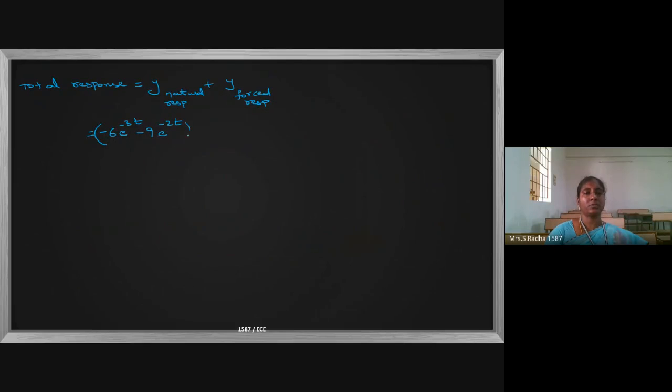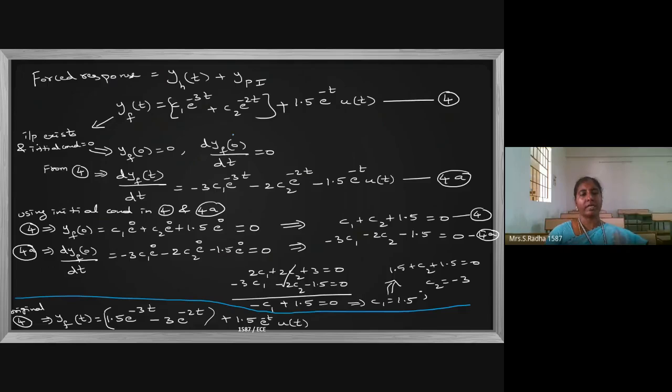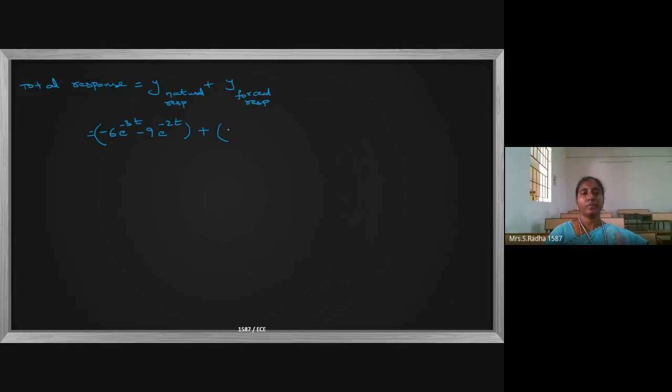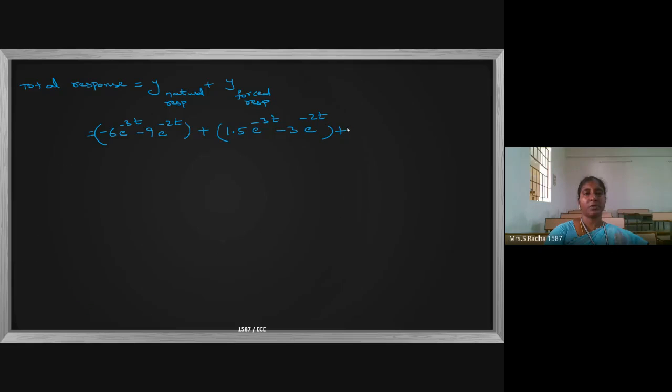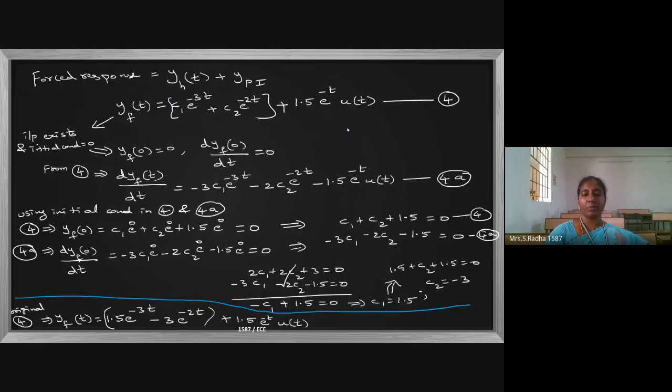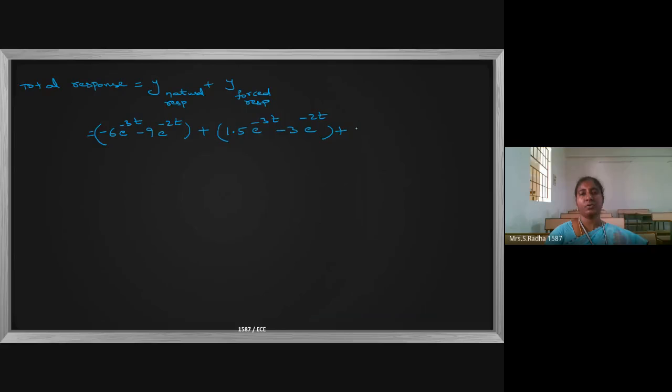And coming to forced response, what we have got just now, last line: plus 1.5 e power minus 3t minus 3 e power minus 2t, then plus 1.5 e power minus t u of t.